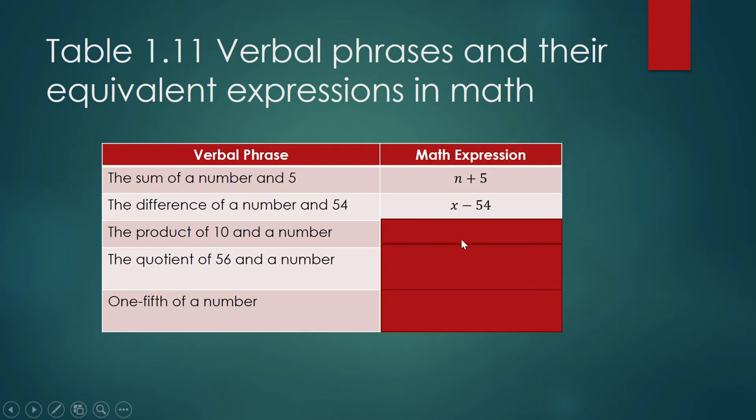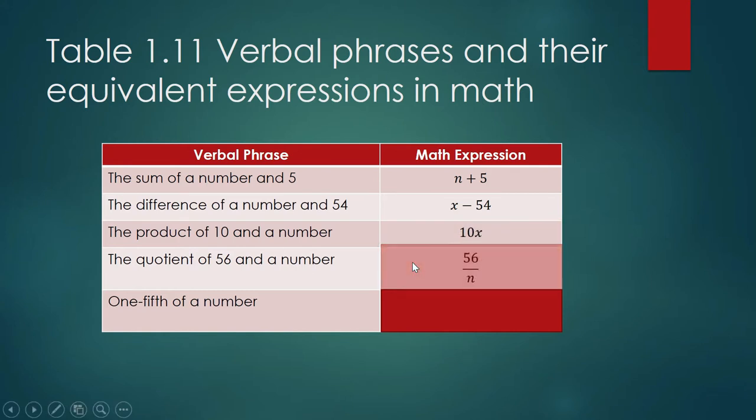So x minus 54. The product of 10 and a number. You can write this as 10 times x. The quotient of 56 and a number: 56 divided by n. Or you can choose your own letter to take the place of this unknown number.